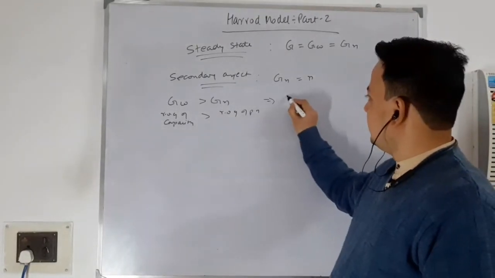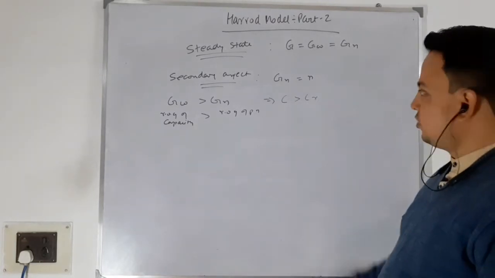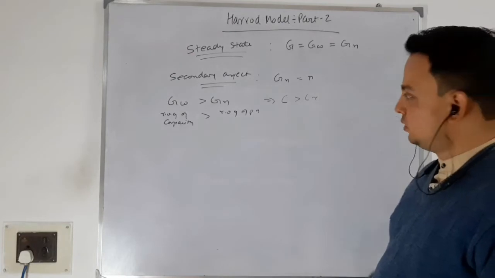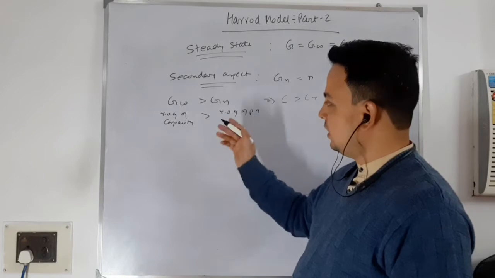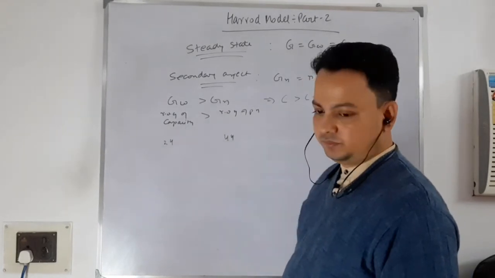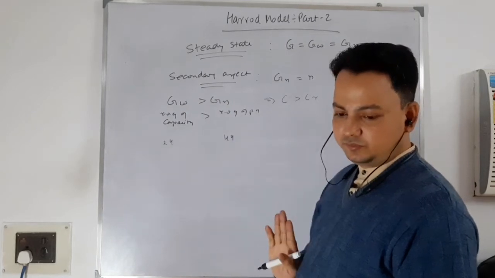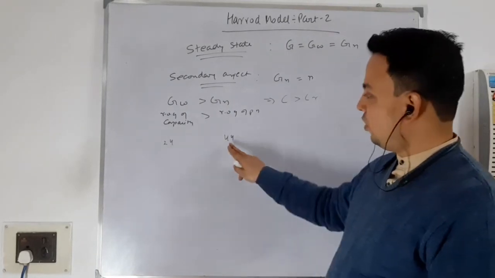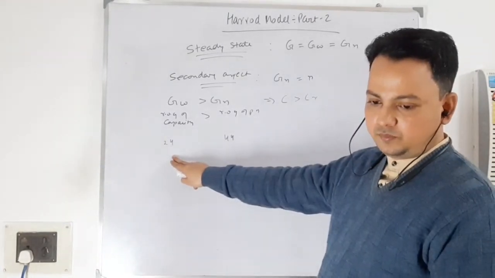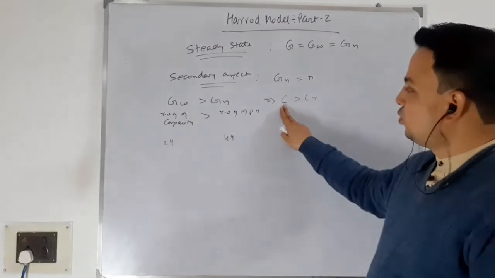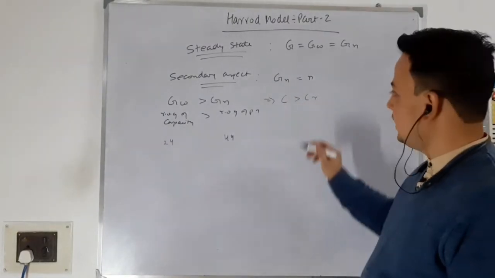So in the economy, actual capital stock is more than required capital stock. Suppose actual capital stock is 24. How much do I require for all these people to be employed? 22. So I have 2 capital stock extra. The actual capital stock is more than required capital stock.